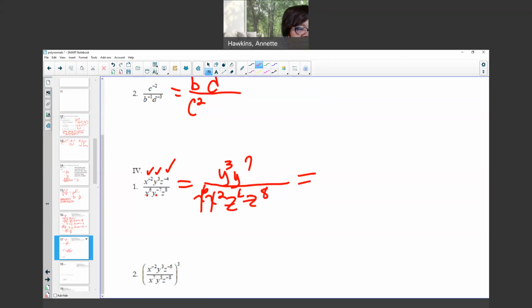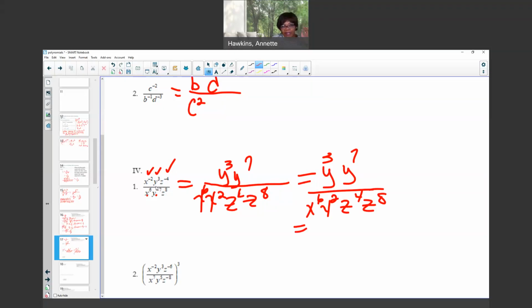So let's see, what do we have? We have y cubed, y to the 7th, x to the 6th, x squared, z to the 4th, z to the 8th. Okay? Now, after we have done the negative exponents, we want to use the product rule.